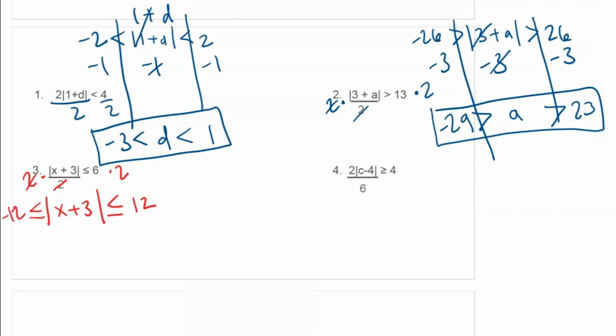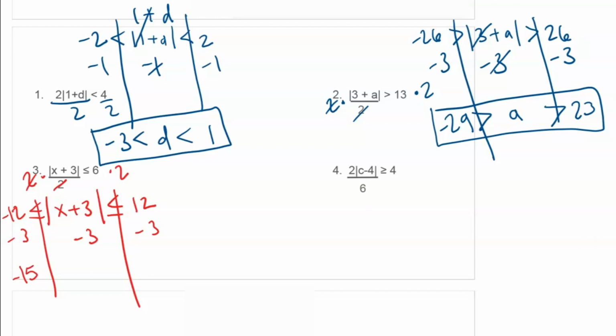So there is my sandwich, and now I'm going to draw my lines through the inequality signs, and I'm solving for x. So we have x plus 3 in the middle, so I'm going to minus 3. Do the same thing in all 3 sections. So negative 12 minus 3 is negative 15.